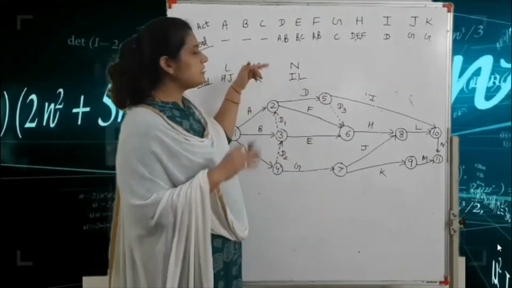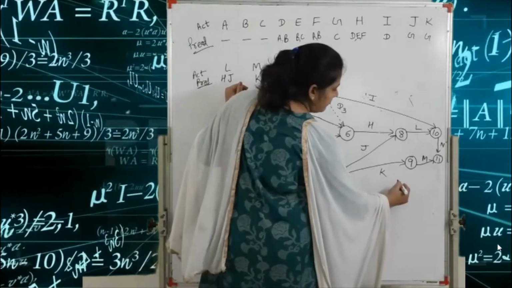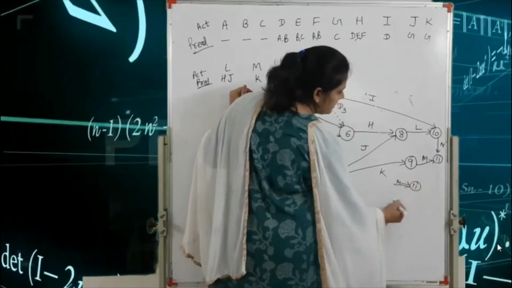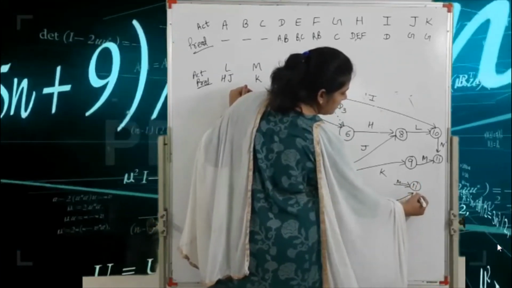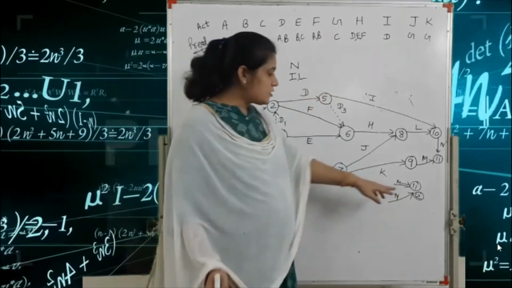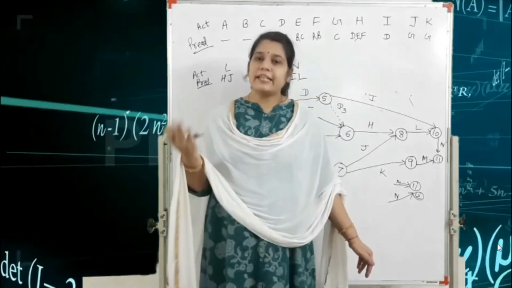If M and N activities are completed, for example, here at 10 and here at 12, there are two nodes at the ending point. So this is not valid in the network diagram.